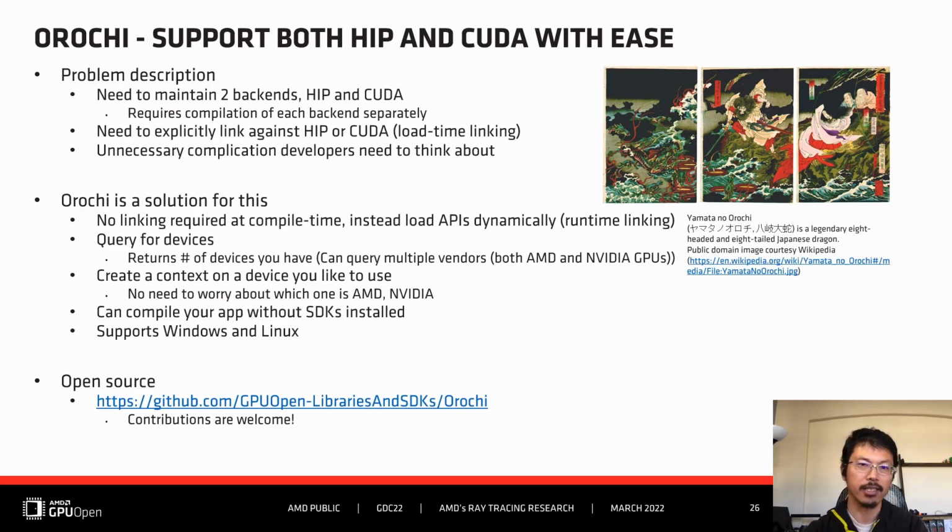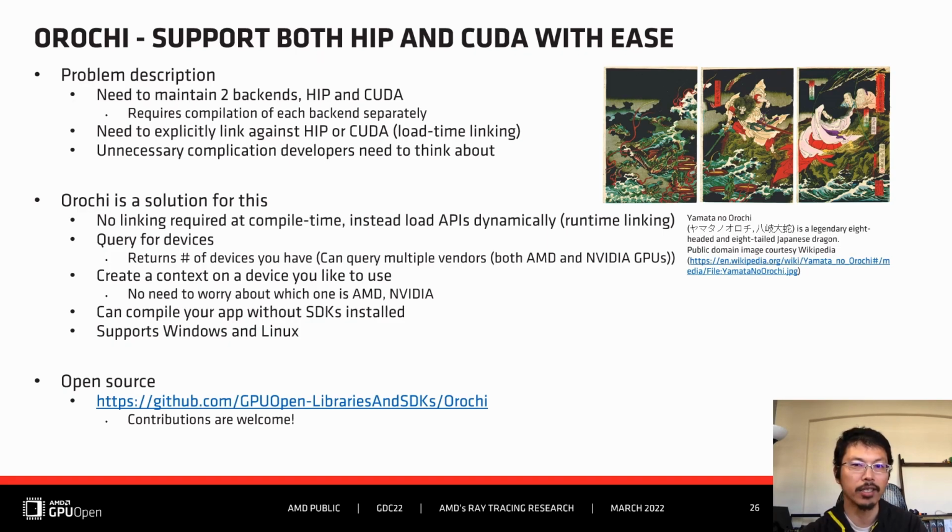This manages the devices you have on your system automatically. I'm going to talk about the detail later in the presentation. If you ask for the number of devices you have, if you need to write CUDA and HIP code by yourself, you have to run these two APIs.